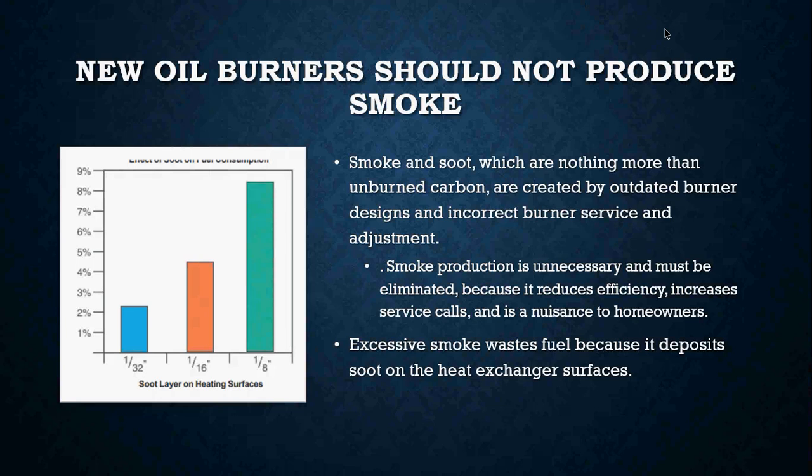If we have 1/8 inch of soot and deposits inside a boiler or a furnace heat exchanger, that can really lower the efficiency of a furnace by 9 to 10%. That's big. You're going to have issues. We need to make sure that our burners are properly set up and we have 0 to a trace of smoke. We will cover that when I go over how to measure efficiency on these things.